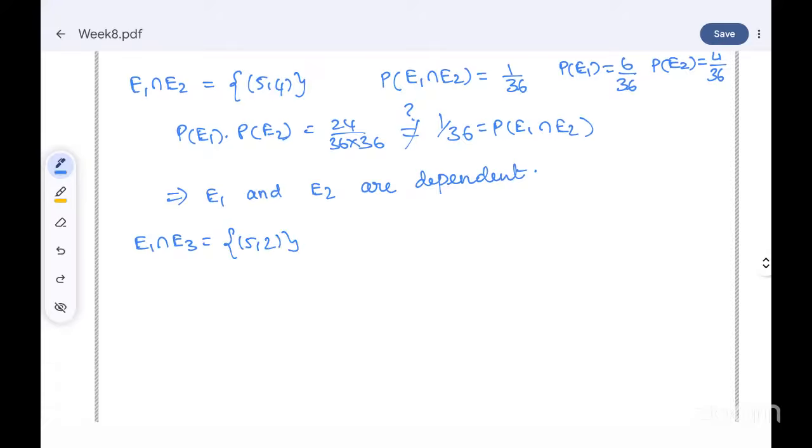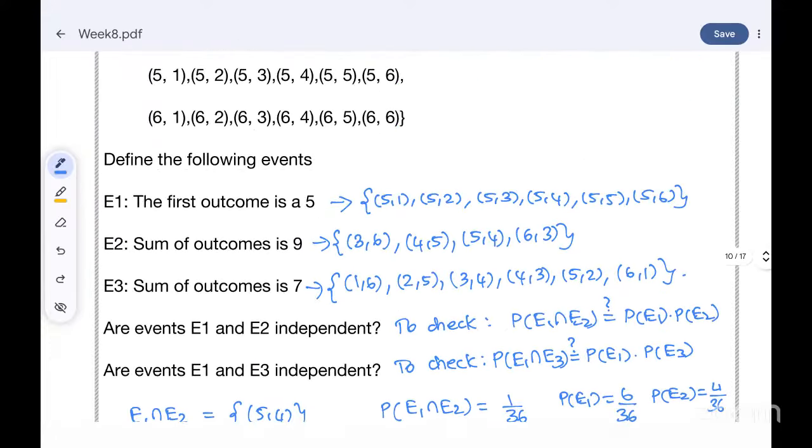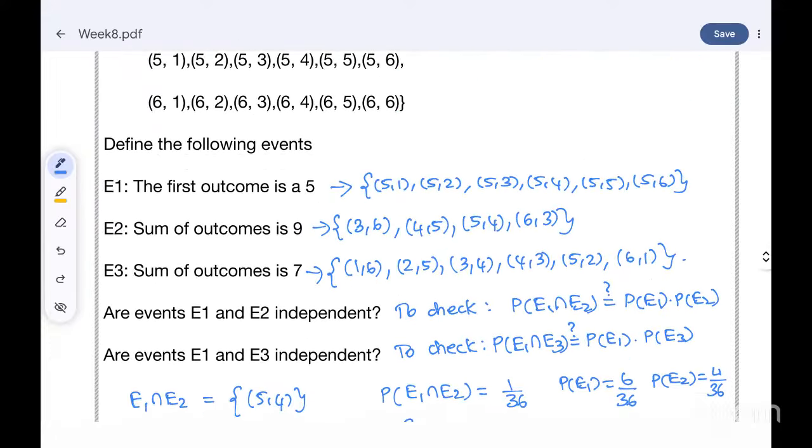So here the probability of E1 intersection E3 is 1 by 36 again. We already know the probability of E1. So what is the probability of E3? 6 by 36.